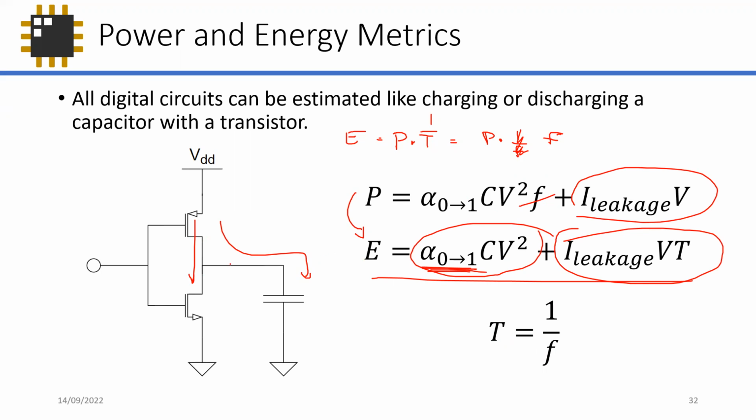It's also a component that you have to consider. And if you observe here, V times I is power, and if you multiply by time, you get the energy. I made a mistake earlier: you have to multiply power by time, which means dividing by frequency over here. That's the correct version.